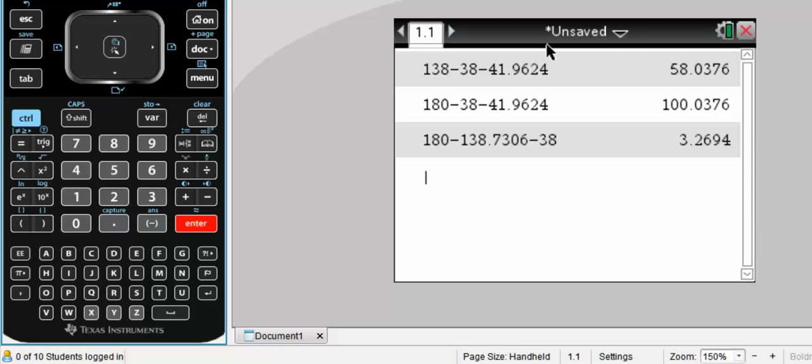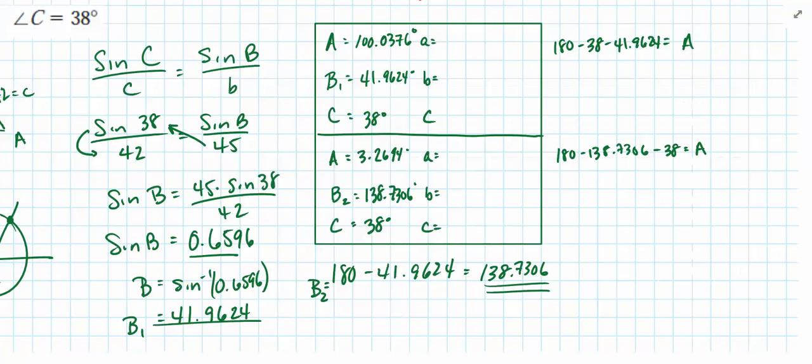And I just recognized a mistake that I made in that first calculation. It should have been 180 minus 38, and so on. So that angle measure is actually 100.0376, whereas in this second case, the other angle measure is 3.2694 degrees. So now we have three known angle measures for each triangle.